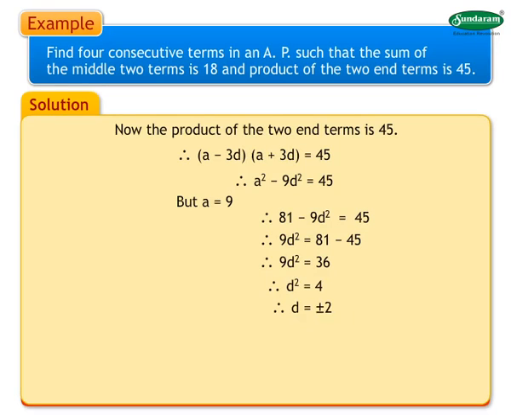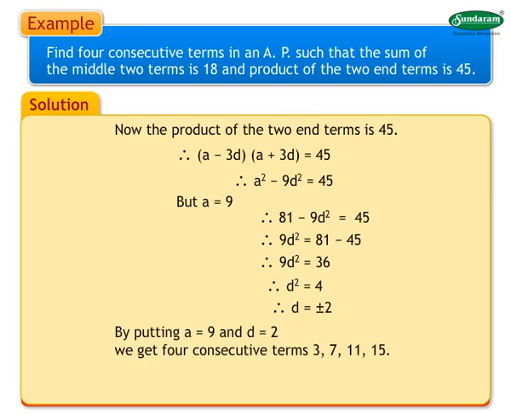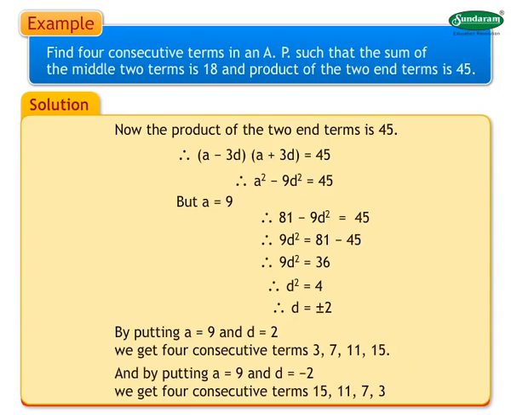Therefore, d is equal to plus or minus 2. By putting a is equal to 9 and d is equal to 2, we get 4 consecutive terms 3, 7, 11, 15. And by putting a is equal to 9 and d is equal to minus 2, we get 4 consecutive terms 15, 11, 7, 3.